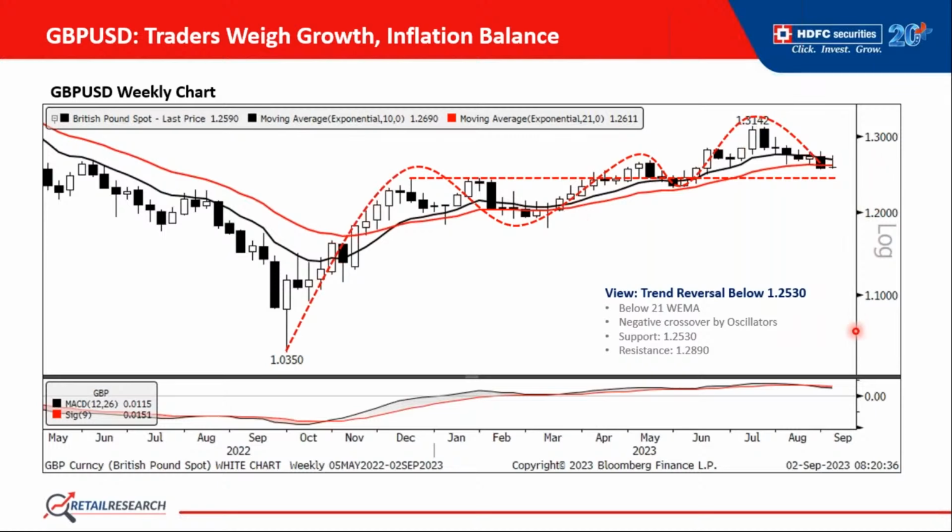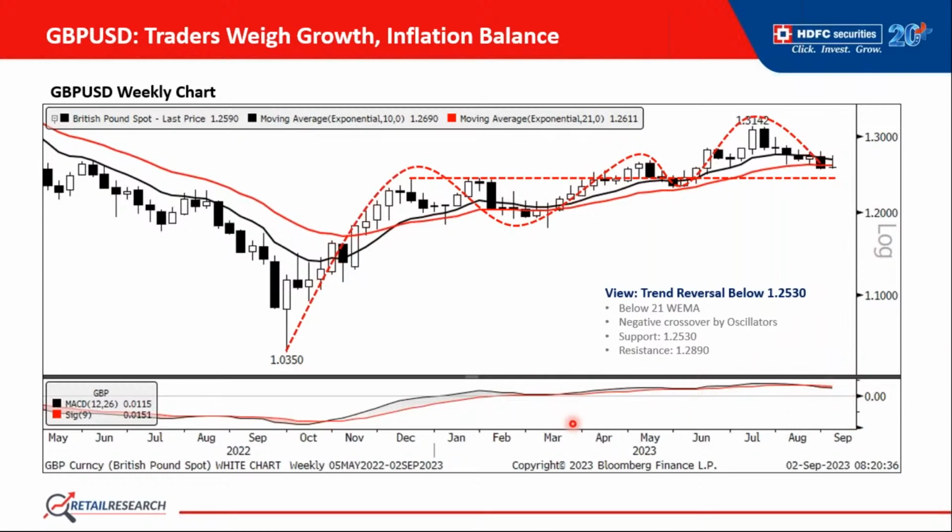Just like GBPINR, we believe that one should remain on a bullish side, and trend reversal can be seen only and only below 1.2530. Some of the oscillators turn weak. However, historically, there are some instances where the oscillators turn weak, but again turn to a positive side.